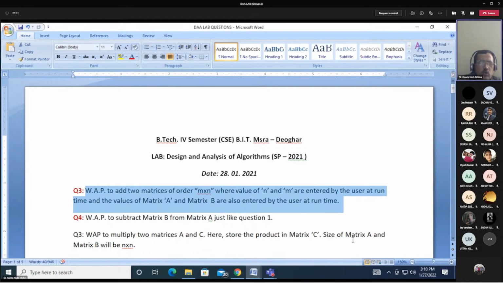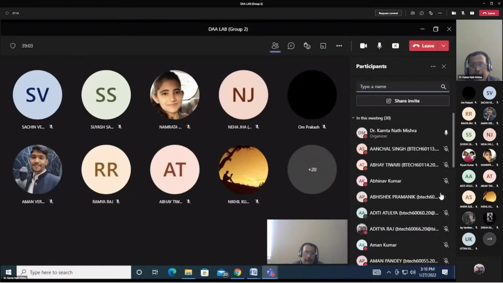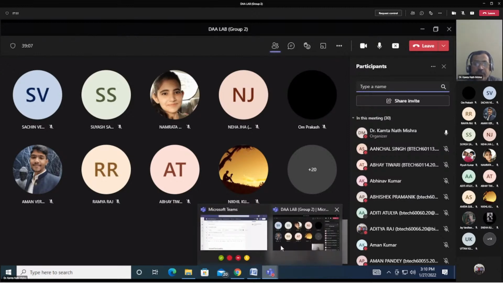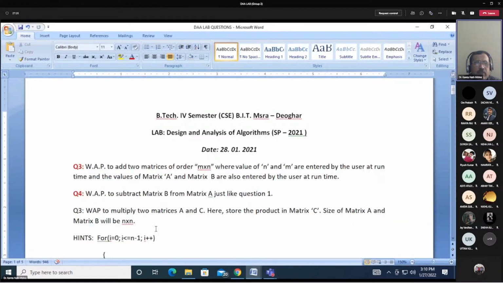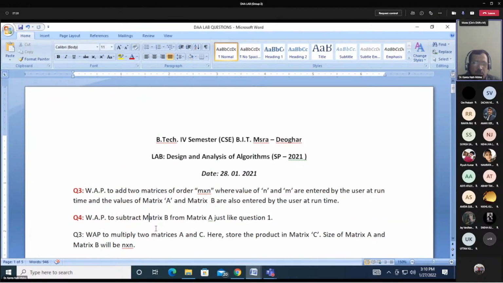Now note down question 4 for today. This is question 4 for today. Aditya Raj, you read the question. Question 4 padhiye. You write a program too.